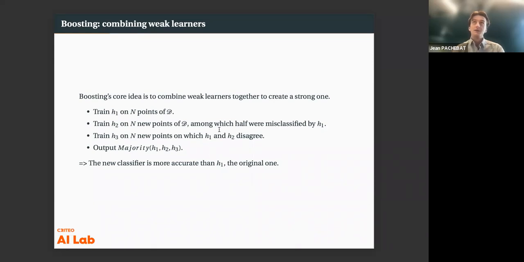And the final classifier will be the majority vote of those three classifiers. It's a voting algorithm, and the key result is that the new classifier is more accurate than H1, the original one.